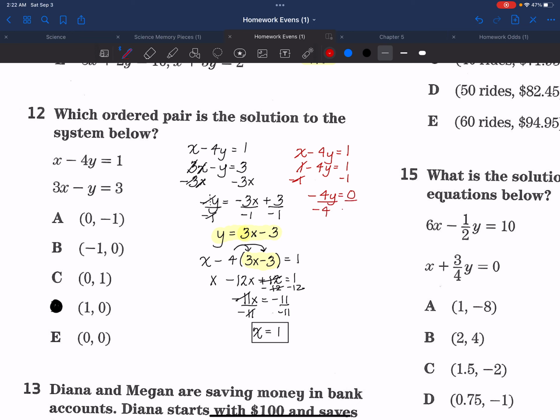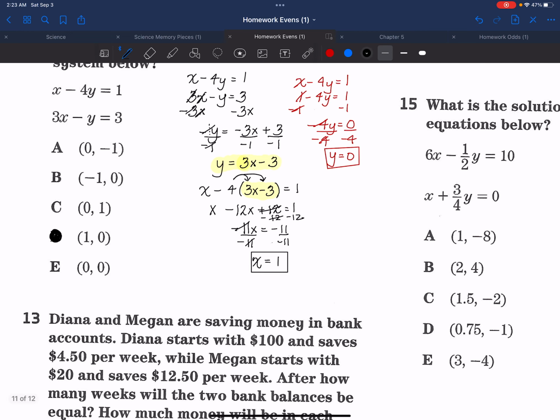Divide by negative 4, and so y is 0. So that confirms that D is the answer. x is 1 and y is 0. But in this case, that step was unnecessary because we only had one point that was compatible with x equals 1.